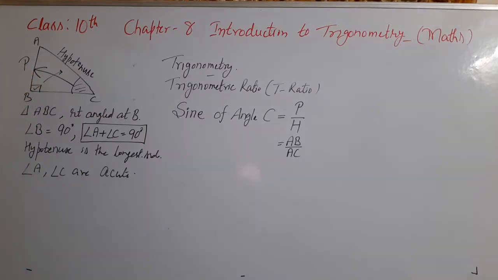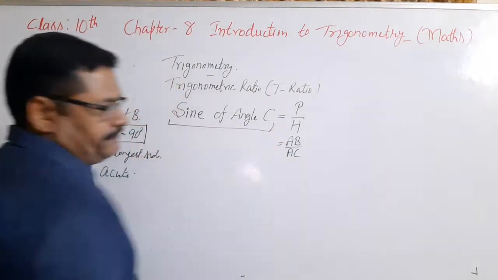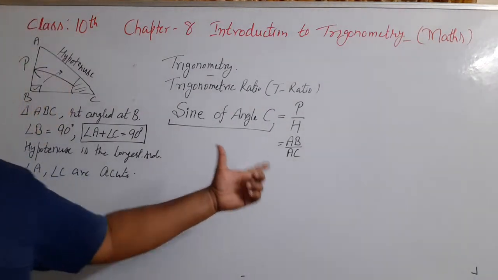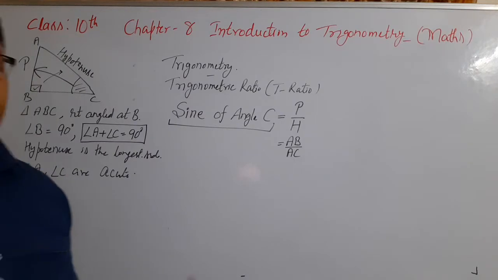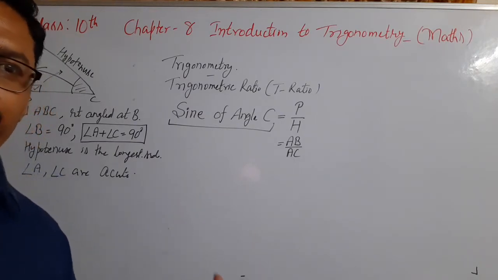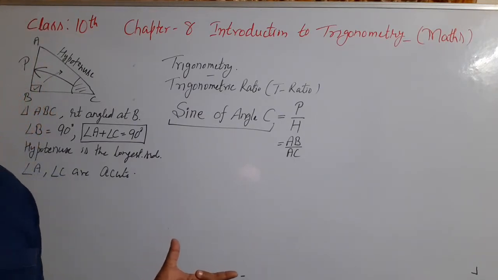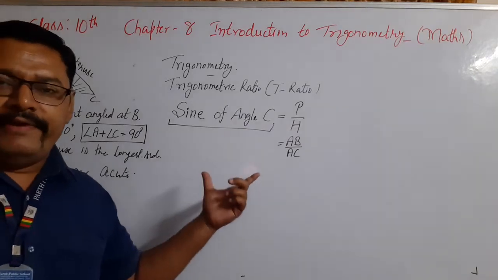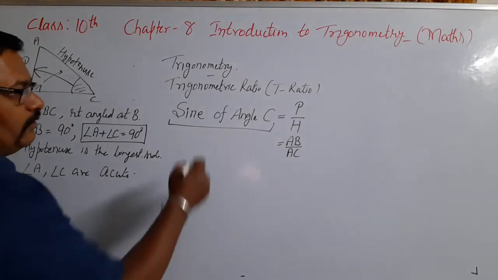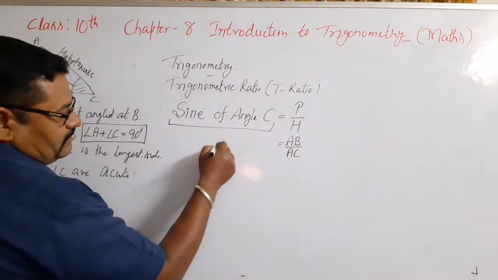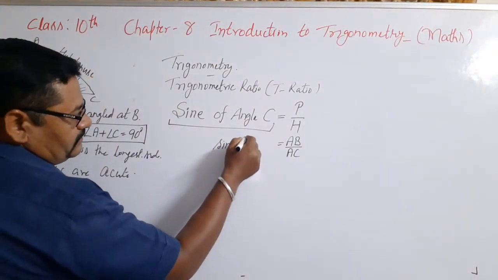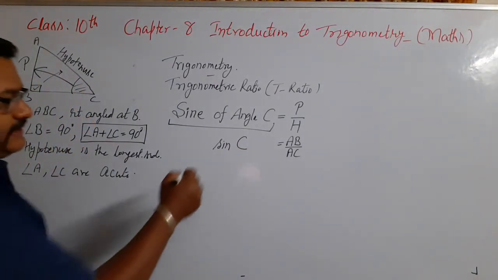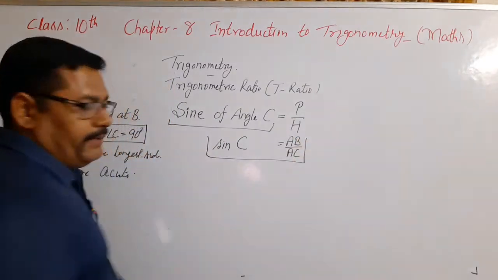Now see, this is a quite lengthy expression. If I have to write this expression 3 or 4 times in a question, it will be very tedious work. So there is an abbreviation for it, and the abbreviation of sine of angle C is sine C. So sine C is equal to AB upon AC.